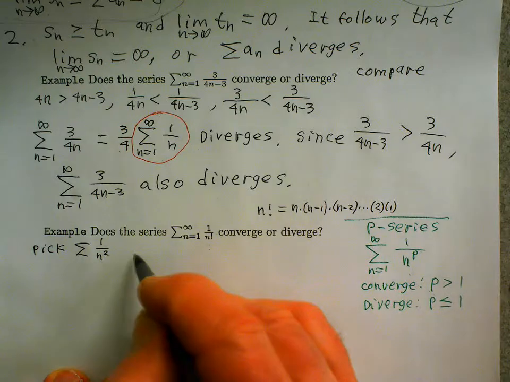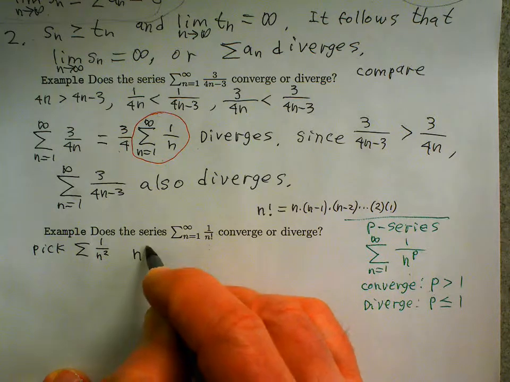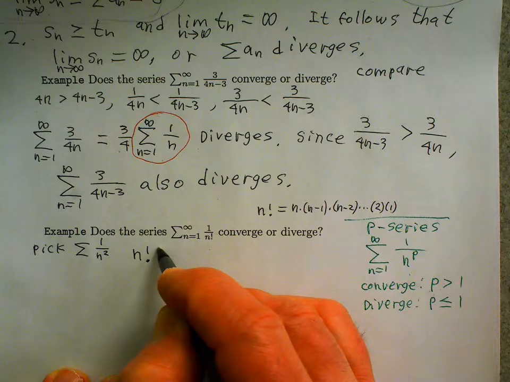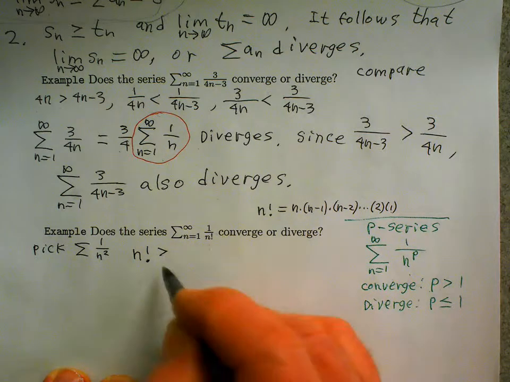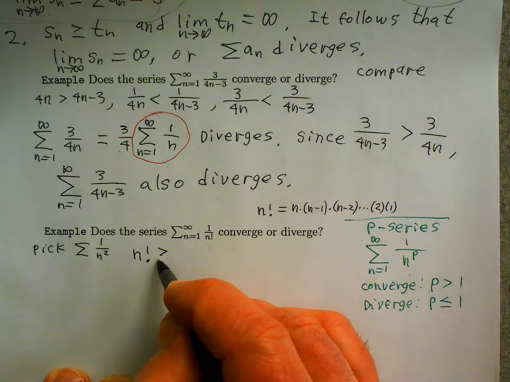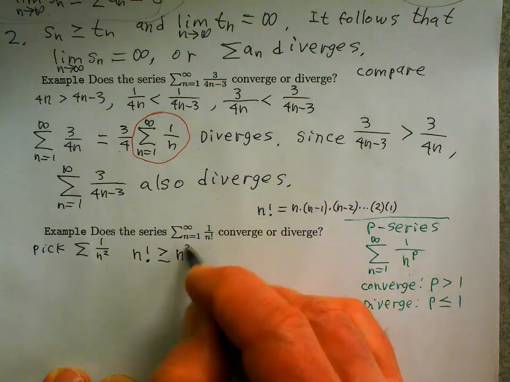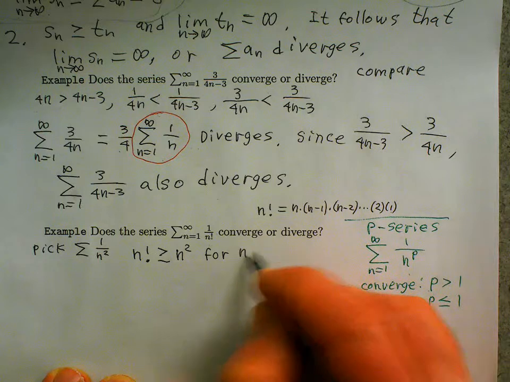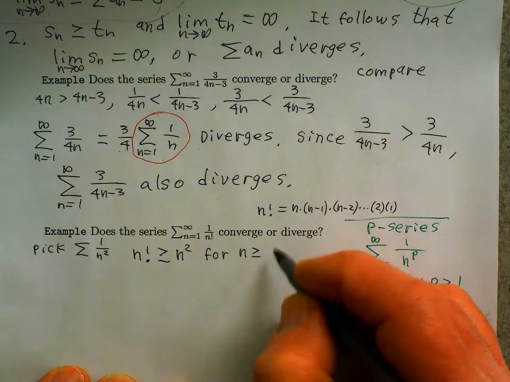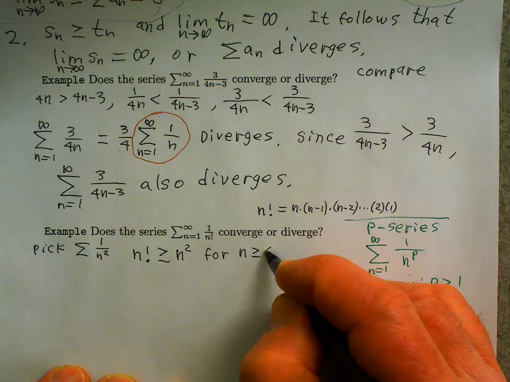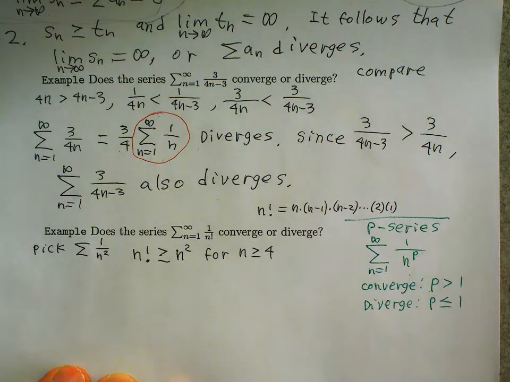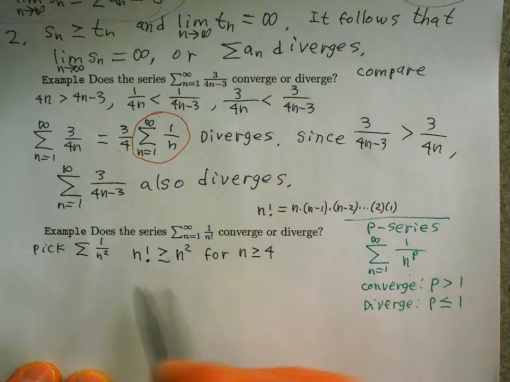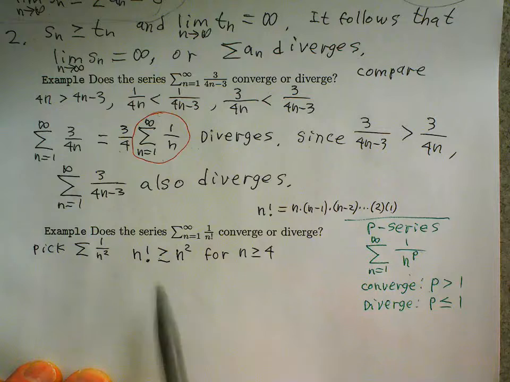So we can verify that n factorial is greater than or equal to n to the second for values of n that are greater than or equal to 4. I should just say n factorial is greater than n to the second instead of greater than or equal.